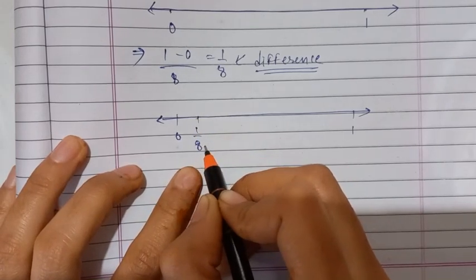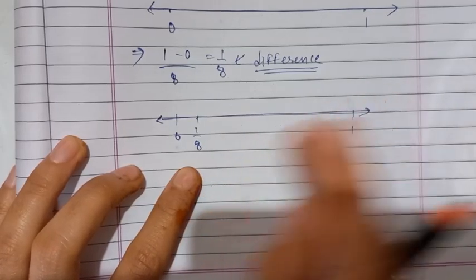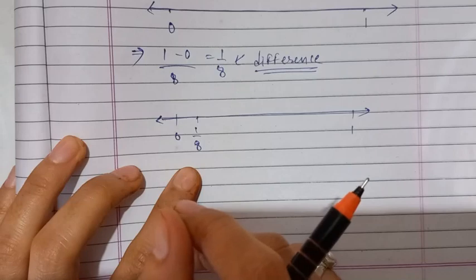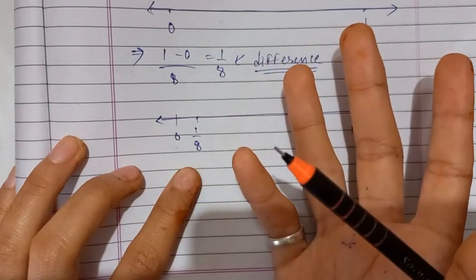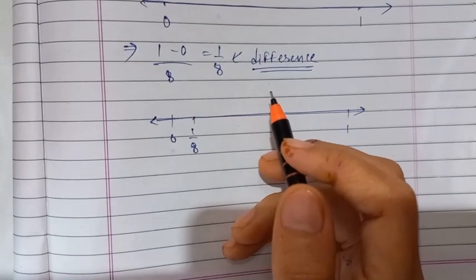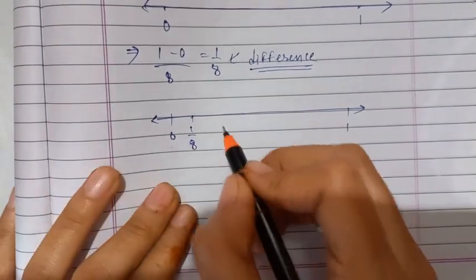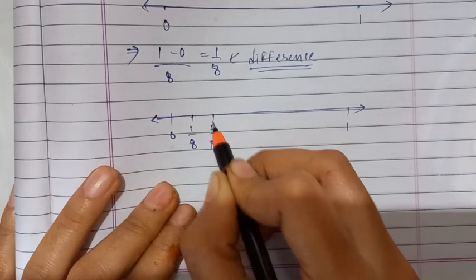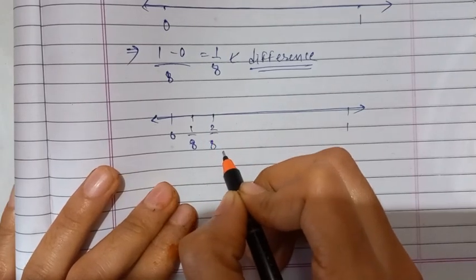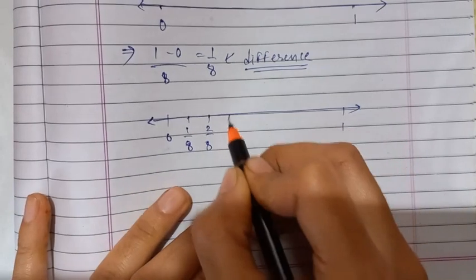Now you should simply remember the addition of rational numbers which have equal denominators. 1 by 8, 2 by 8. Then simply add numerators. 1 plus 1, 2. So 2 by 8. Again add 1 by 8. 2 plus 1, 3. So 3 by 8.